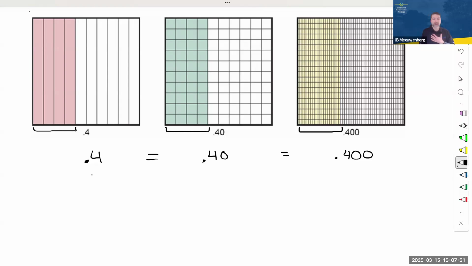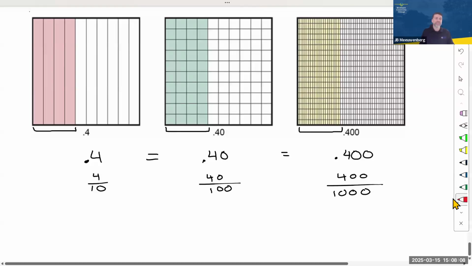As fractions, think about how those would look. 4/10, 40 hundredths, and 400 thousandths. Remember, we always go by that last decimal place that is showing, thousandths. And think about how this is connected with common denominators. If you multiply 4/10 by 10 on top and bottom, you get 40 over 100.